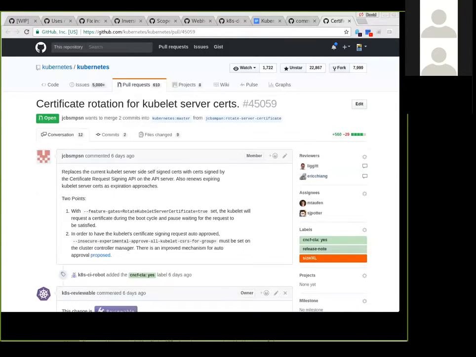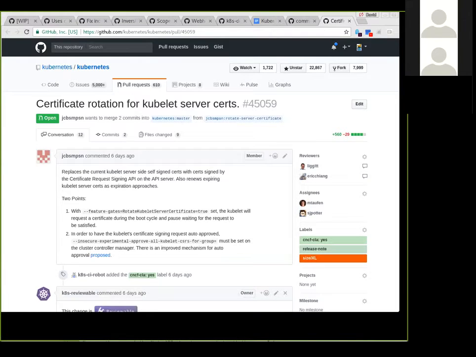TLS bootstrapping, the state of the art currently seems like it's enabling that one flag on your controller that approves all certs for this particular group. But obviously you want different types of policies. If I'm using a bootstrapping token to request a certificate, maybe I do some initial thing, but there is a different one if a kubelet has an established client cert and wants to request a paired serving cert.